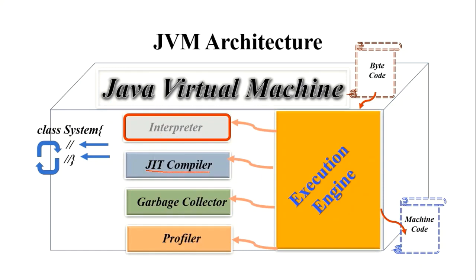JIT compilers solve this problem by using a special component known as the profiler. The profiler will find the hotspot where the repeated function calling appears, and then the repeatedly executed code is converted to native code by the profiler so that it can avoid repeated method calls. So it is very important.